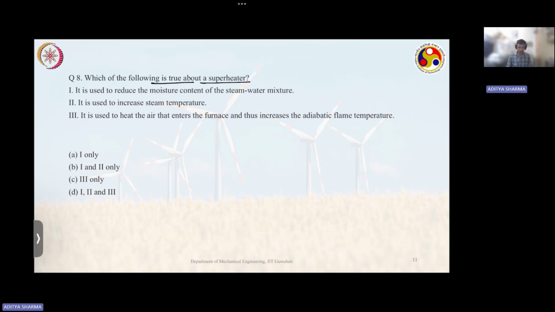Please read this. The first statement says that it is used to reduce the moisture content of the steam water mixture. The second: it is used to increase the steam temperature.